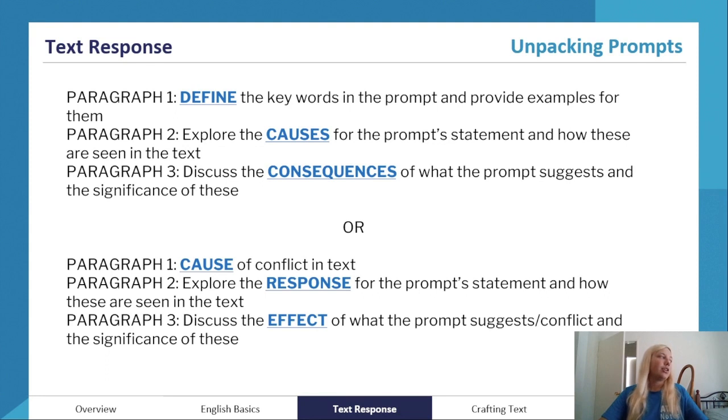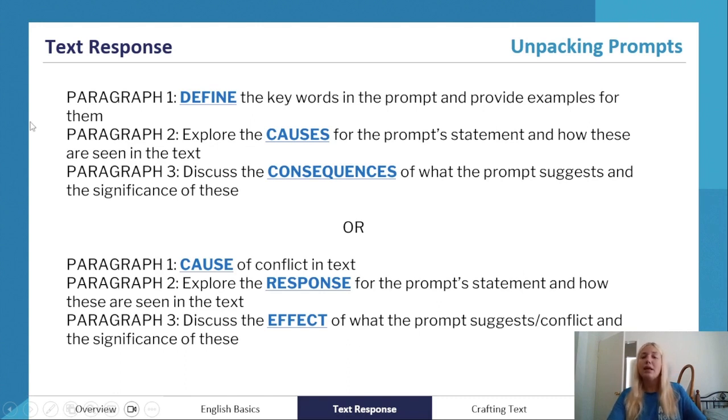So if your prompt is about a certain theme like loss, maybe in your first body paragraph, your argument is about the different types of loss that are seen in the text and how it affects characters, for instance, in various ways.